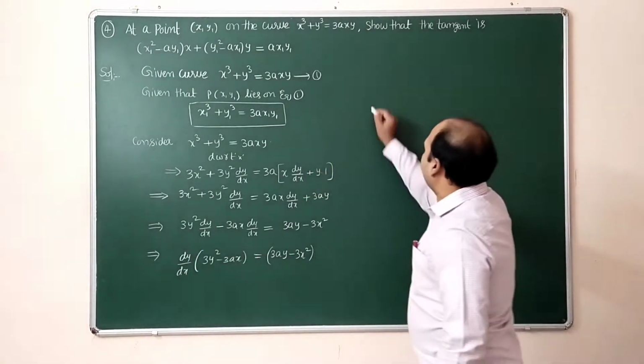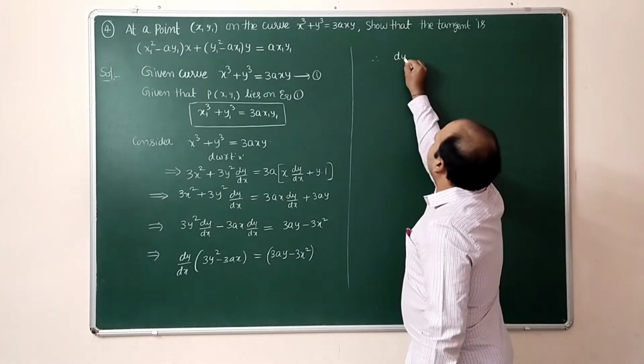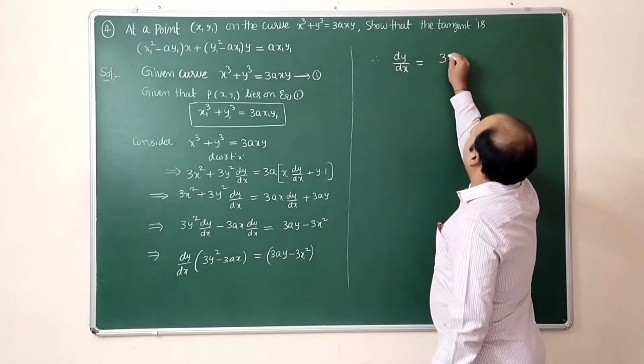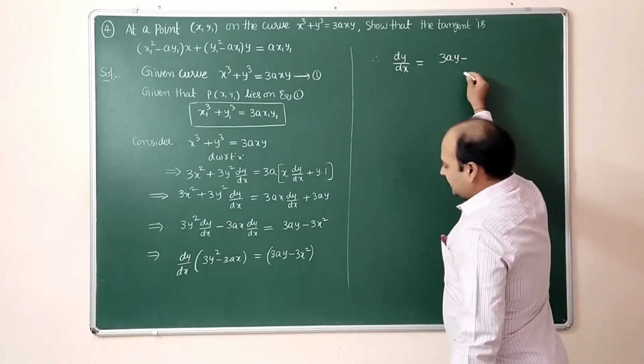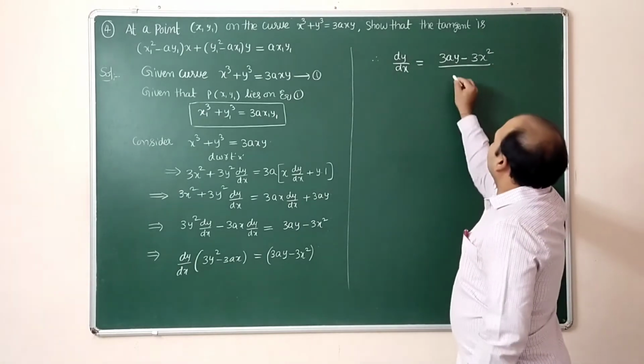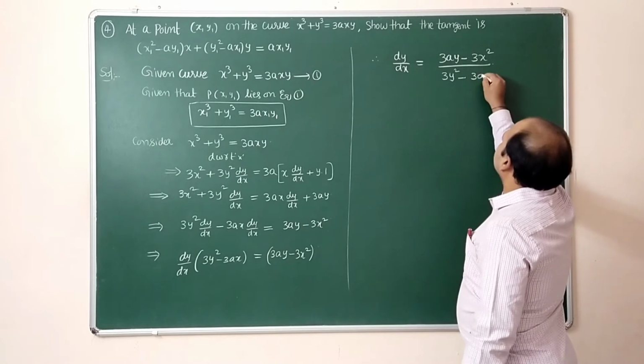These values we can take this side. Therefore, dy by dx equal to (3ay minus 3x square) divided by (3y square minus 3ax).